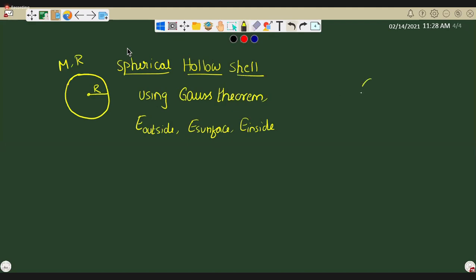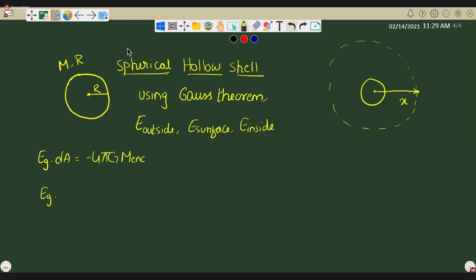See, outside means at any distance x from the center. What will you do? You will construct a Gaussian surface with x as your radius. That is your step 1. Step 2 is Eg dot dA is equal to minus 4 pi G mass enclosed.